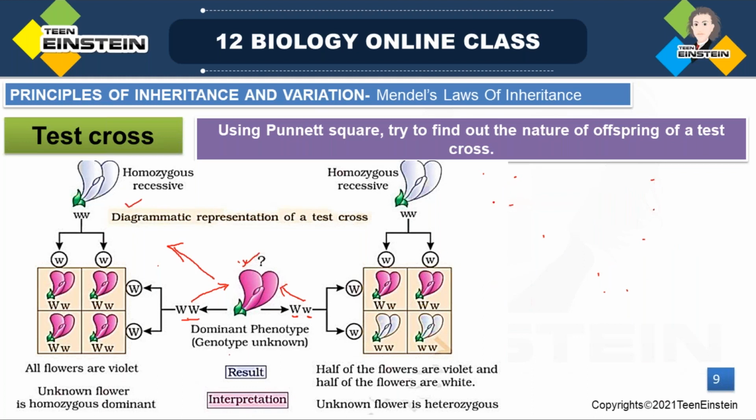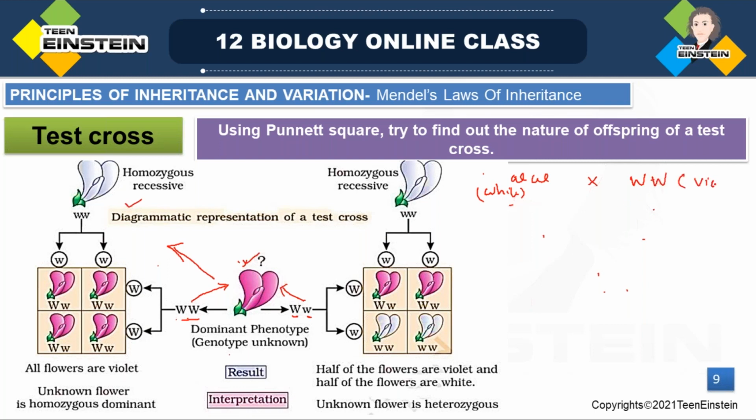One parent is recessive, that is confirmed. This is the white color flower, and we are crossing it with the violet color flower, where the first possible chance is both dominant alleles.